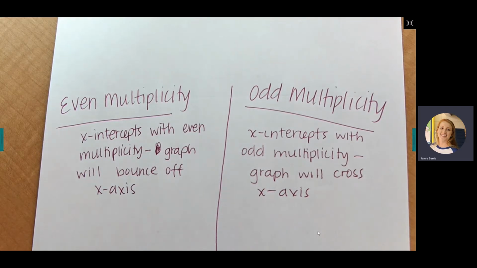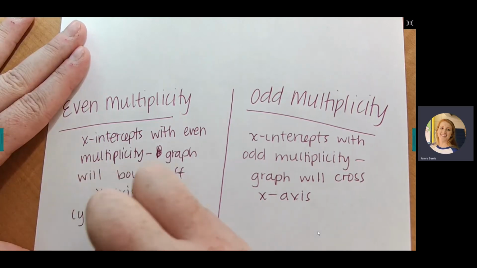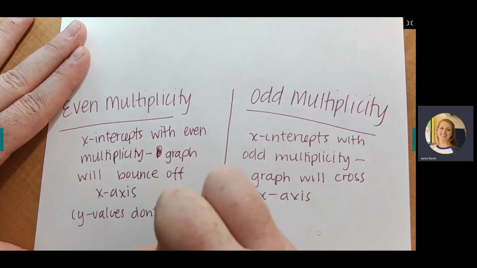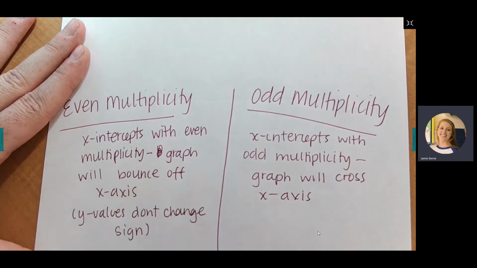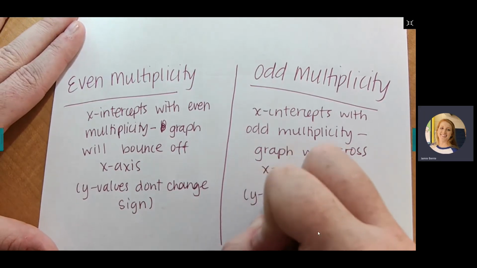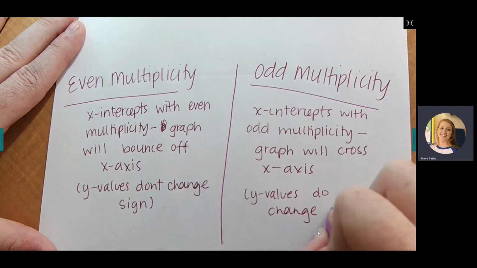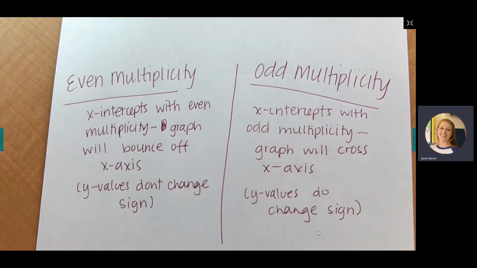Your book also describes it and says, if it has even multiplicity, the y values do not change sign. Like if the y values are positive, they stay positive after it passes through that x-intercept. And for odd multiplicity, the y values do change sign, which makes sense because it's crossing the x-axis. It's going to go from positive to negative or from negative to positive.